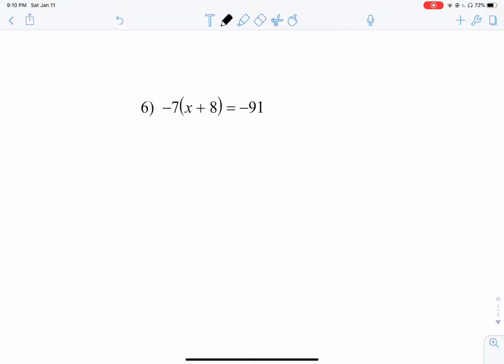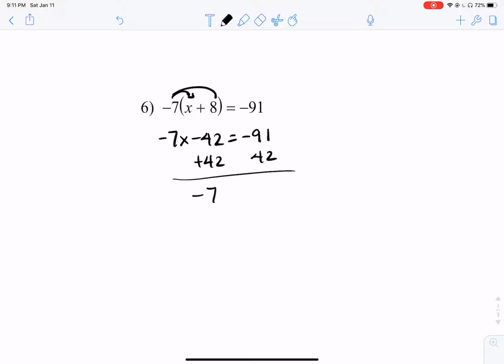For number 7, again, we are distributing. So we end up with negative 7x minus 42 is equal to negative 91. We're going to add 42 to both sides. Just write this neater. 42. So negative 7x is equal to negative 91 plus 42.